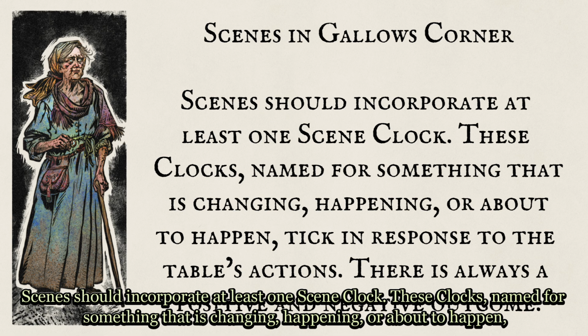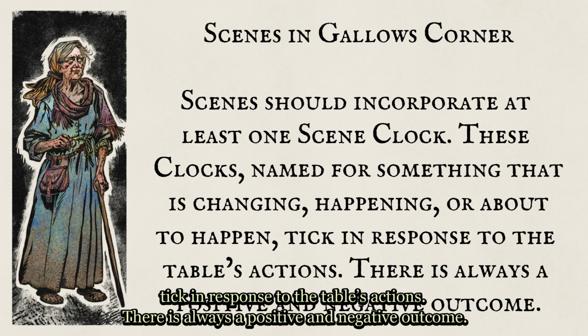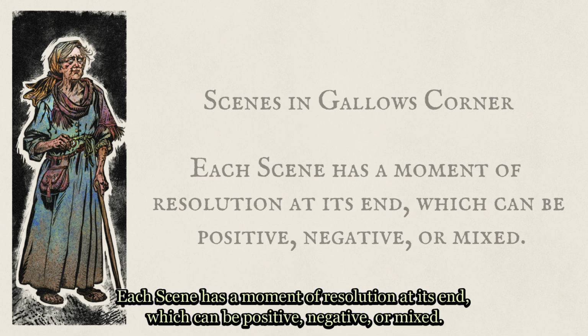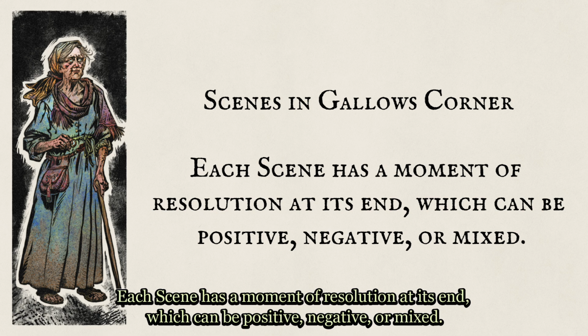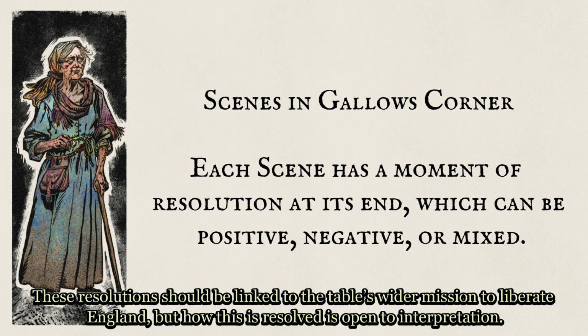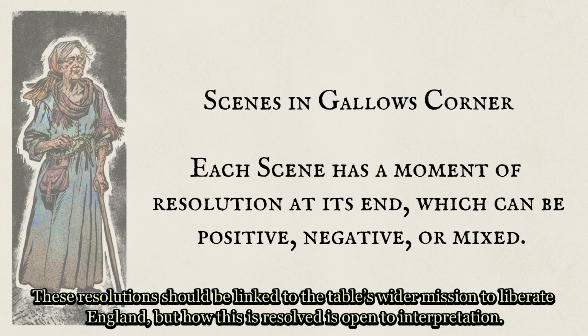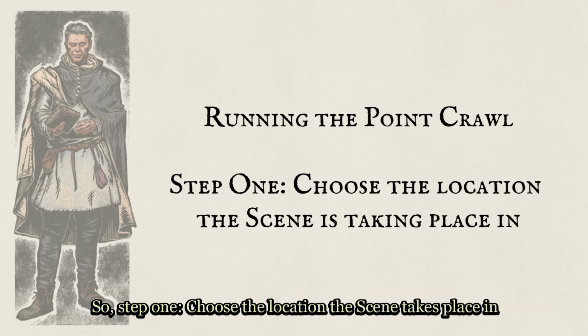These clocks, named for something that is changing, happening, or about to happen, tick in response to the table's actions. There is always a positive and a negative outcome. And finally, each scene has a moment of resolution at its end, which can be positive, negative, or mixed. These resolutions should be linked to the table's wider mission to liberate England, but how this is resolved is open to interpretation.